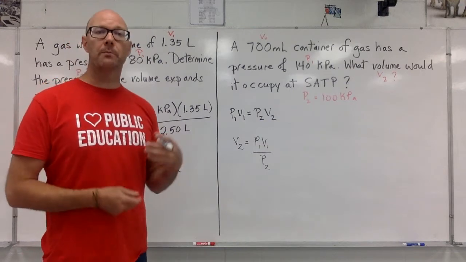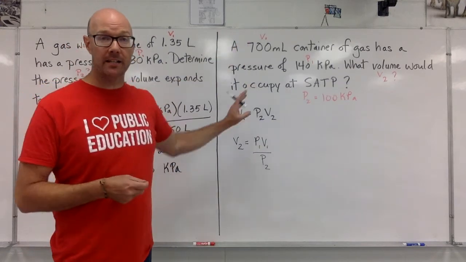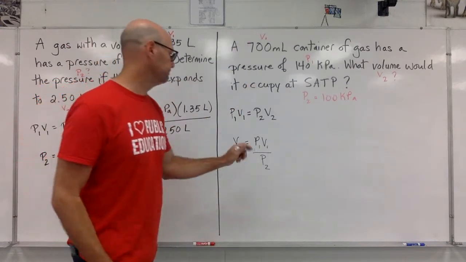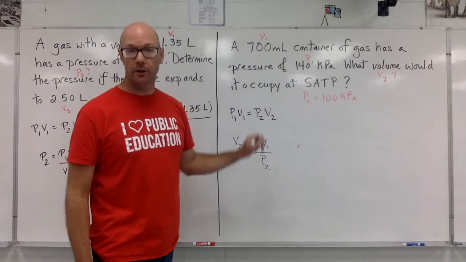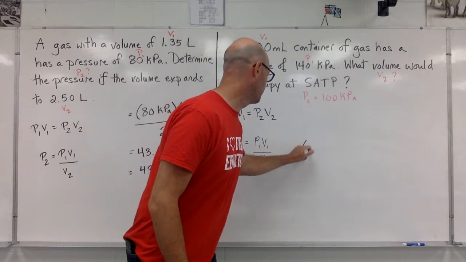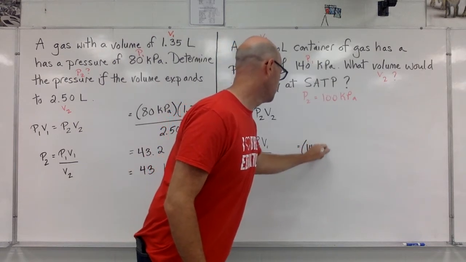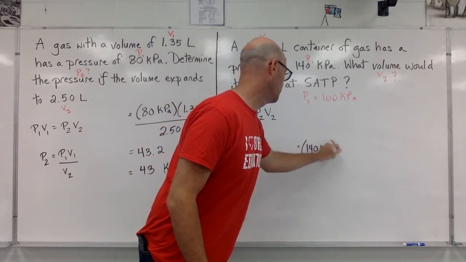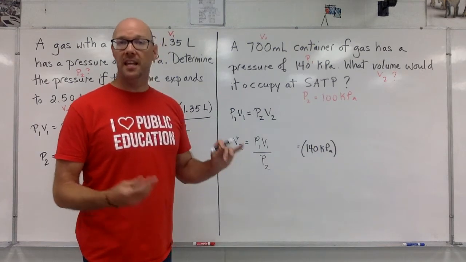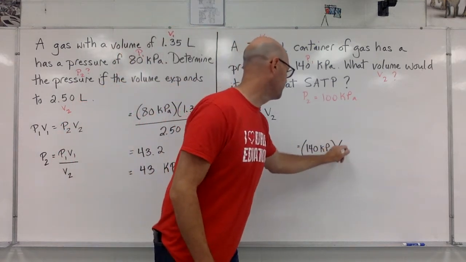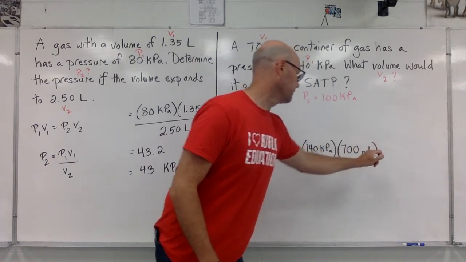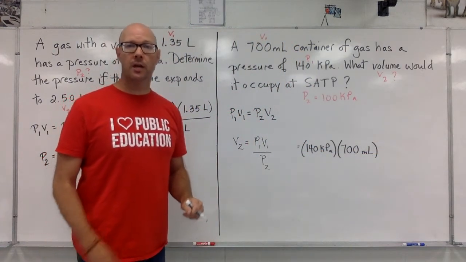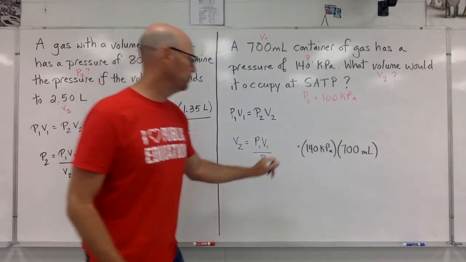Now I can start to substitute values in. I have my nice labels. They're going to come in handy. P1, that was 140 kilopascals. V1, the initial volume, 700 milliliters, divided by P2.